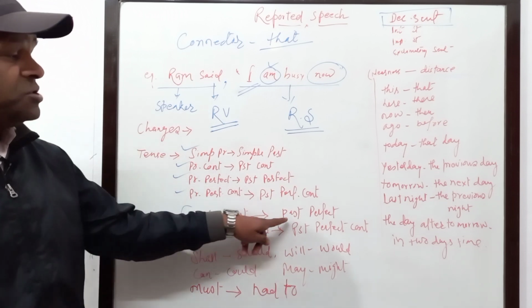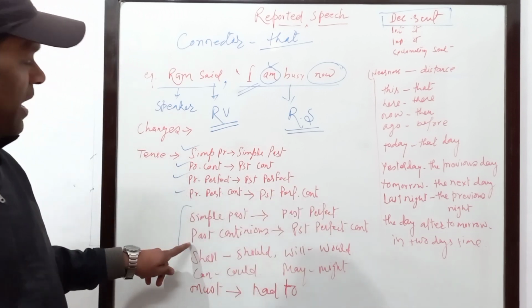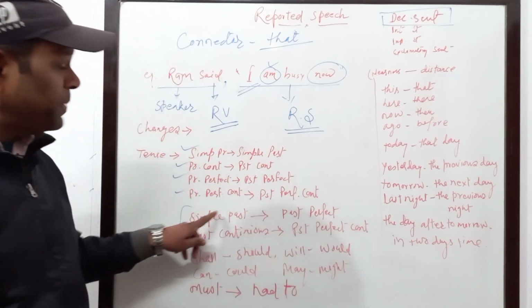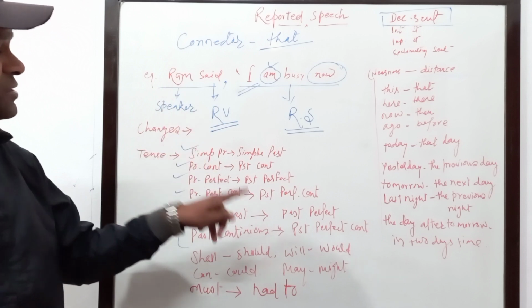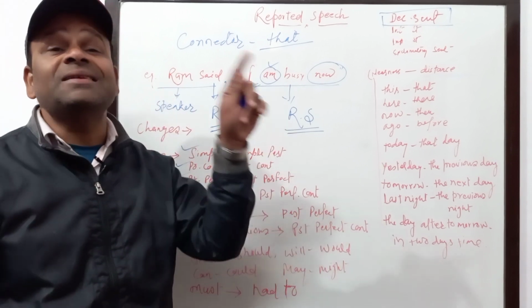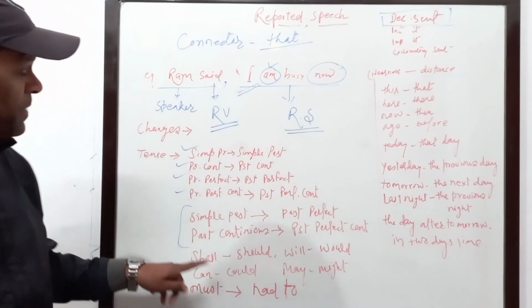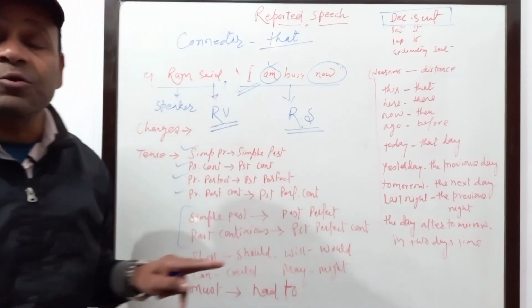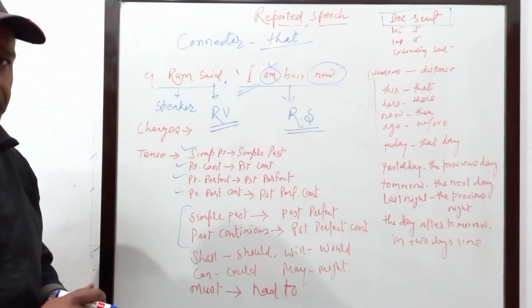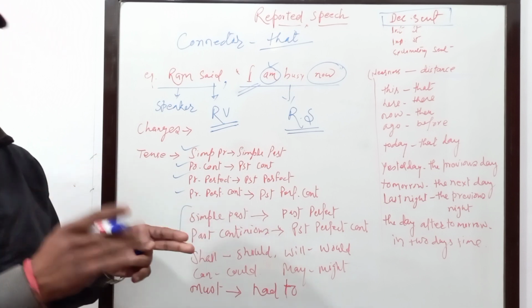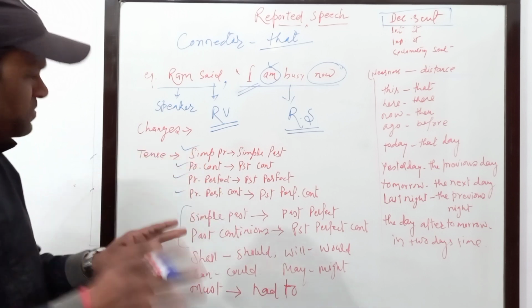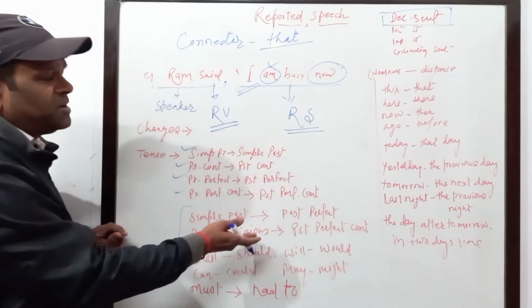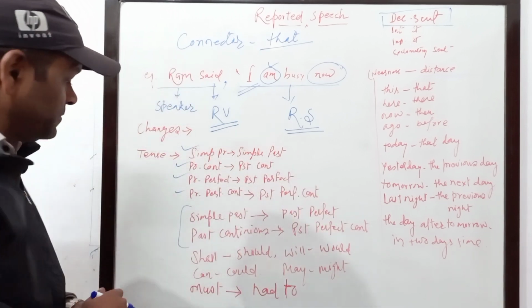Simple past, the first tense, changes into past perfect, the third tense, and past continuous changes into past perfect continuous, meaning the second goes to four. If you don't remember, the second goes to four and the first goes to third. So the simple trick: simple past changes into past perfect, past continuous changes into past perfect continuous.